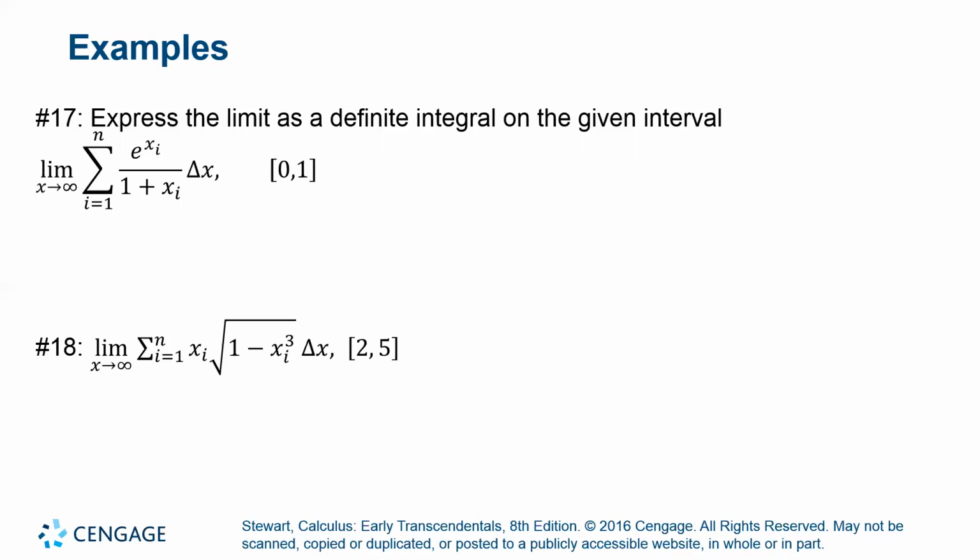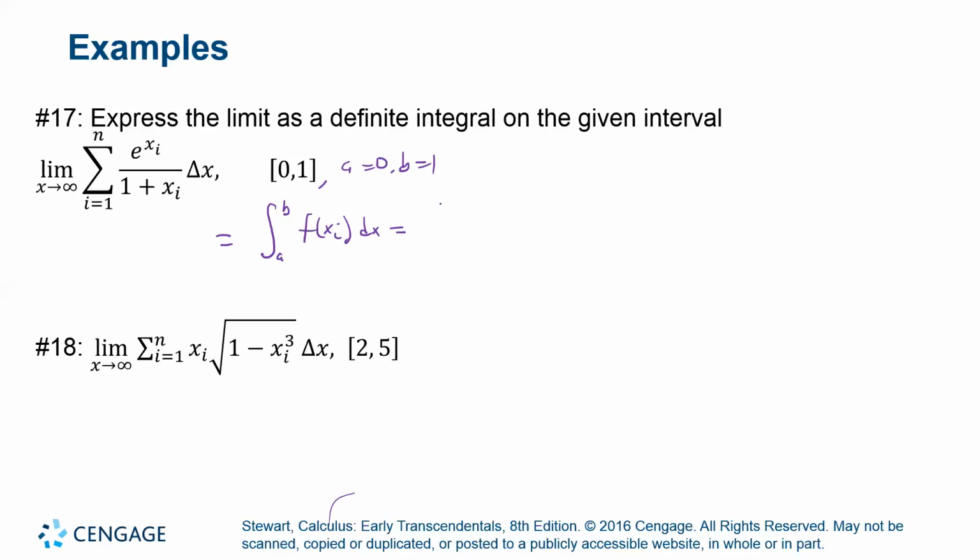Now let's go to this. Now, what do you think would be my lower limit of the integral, and what would be my upper limit? Okay, so here, my a is 0, my b is 1. So if you write it as a definite integral, it will be the integral from a to b of f of xi times dx.